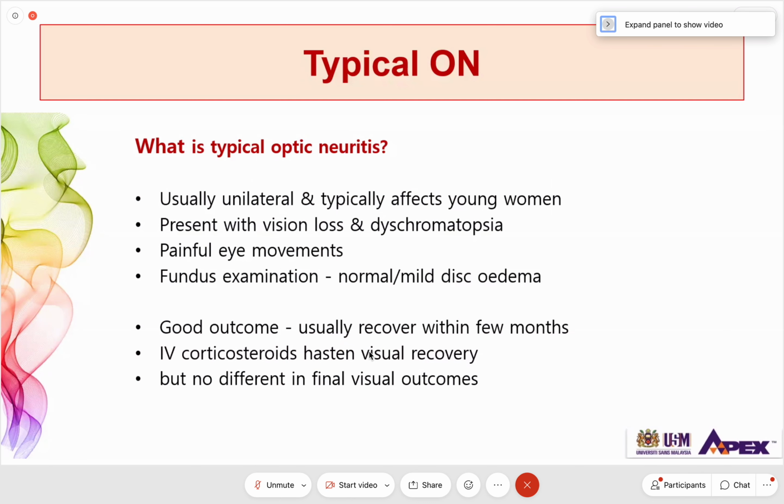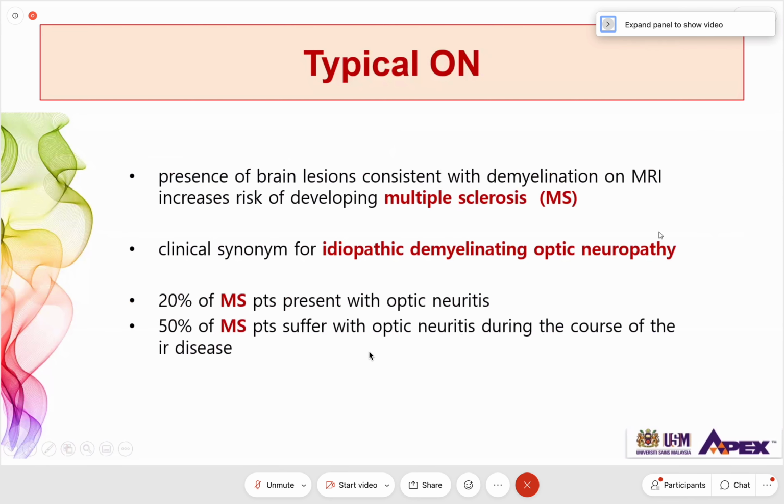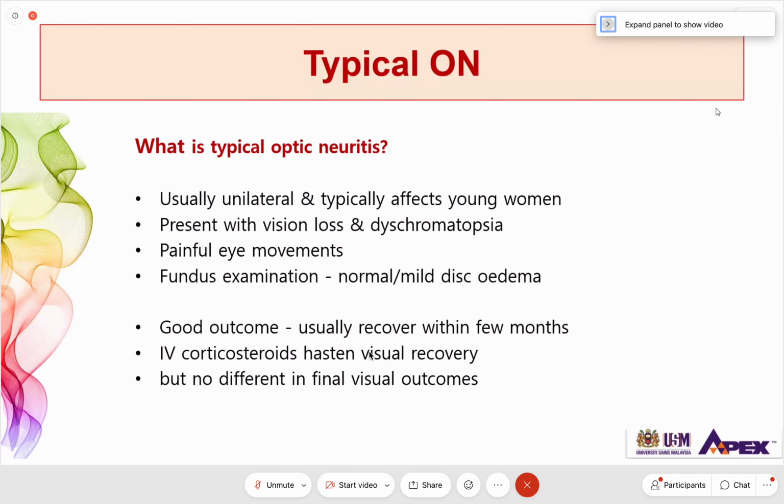Now we're going to look in a little more detail at what is typical. Usually in typical optic neuritis, the patient presents most of the time with unilateral presentation, mainly women, with visual loss, and some patients may present with color vision defect.